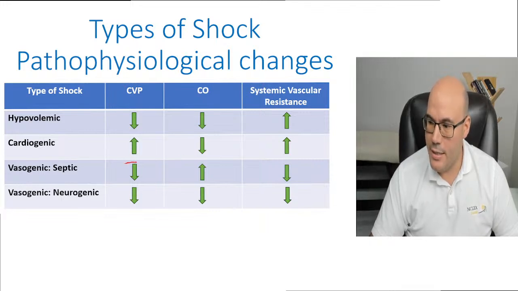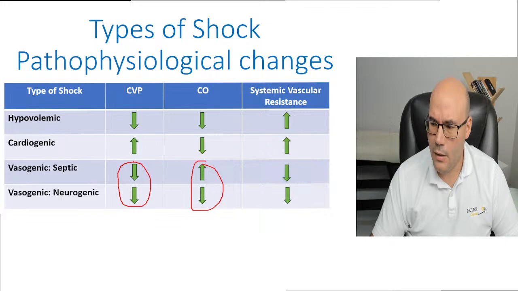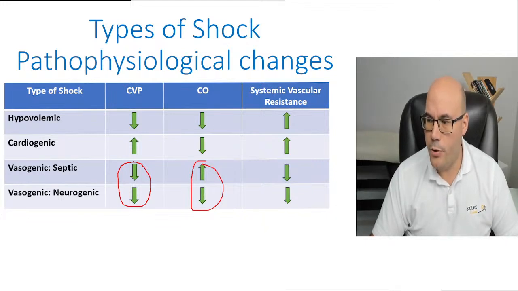So notice the central venous pressures are both low, but the cardiac output, one is high and one is low. Why? Why in septic shock is the cardiac output higher, but in neurogenic shock it is lower? What is going on? What is the difference?